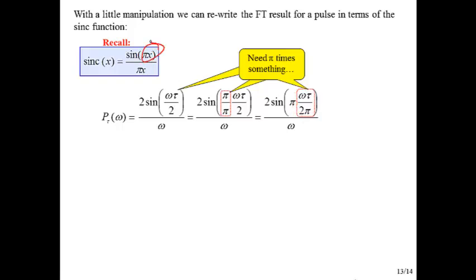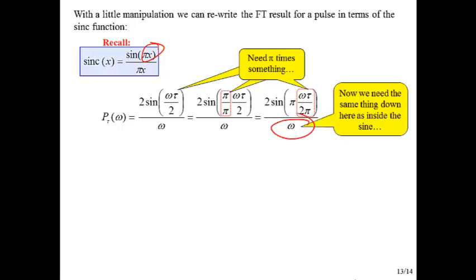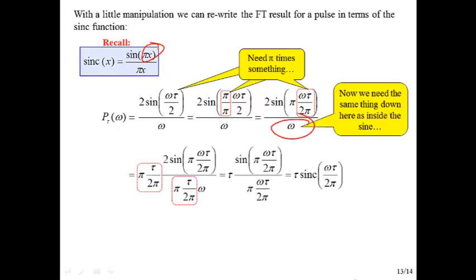So what do I need down in the bottom? Pi times that same something. So let's get that down there. I'm free to again insert something over something, and I did that specifically so that now regrouping, I end up leaving this pi out there and grouping all of that together, and lo and behold, that is the same thing here.